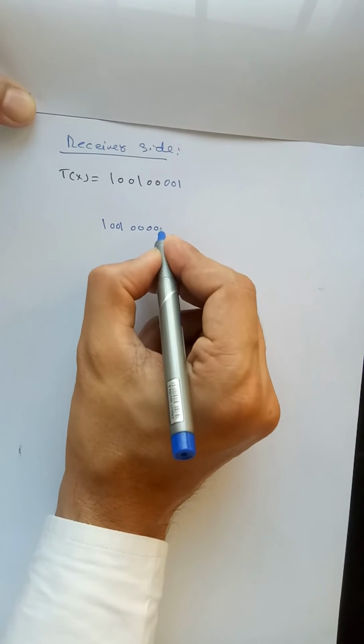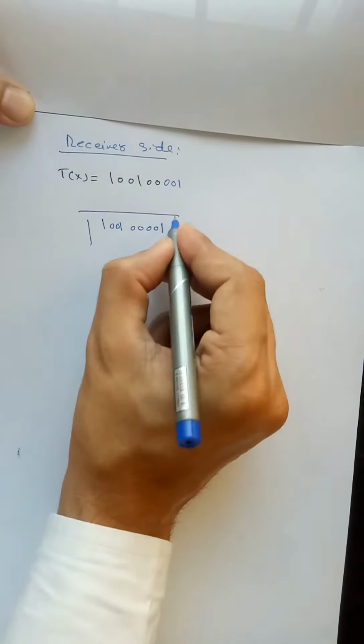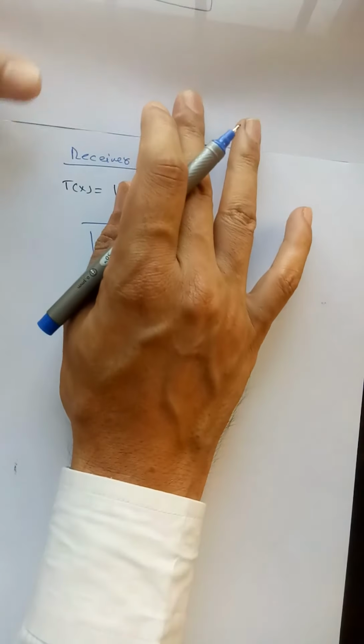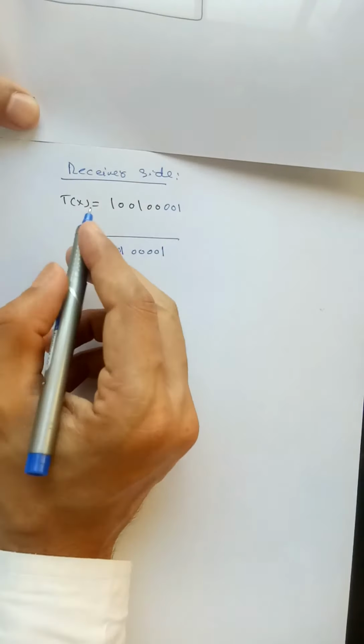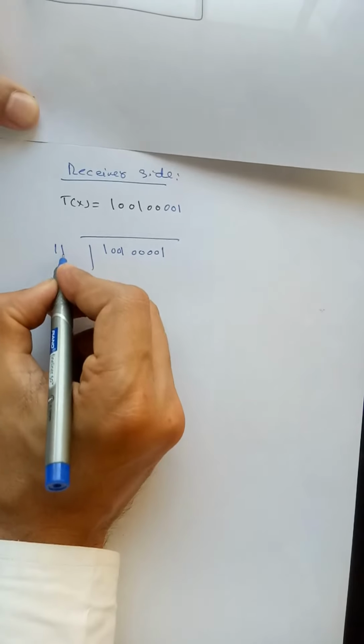The receiver will again divide the same bit pattern by G of X, and G of X is given as 1 1 0 1.